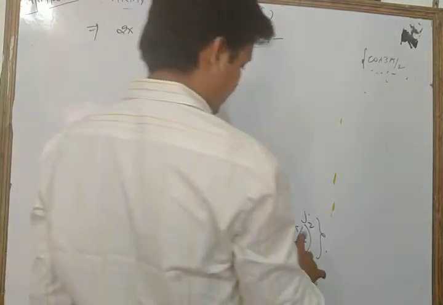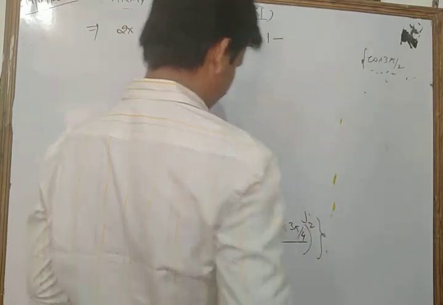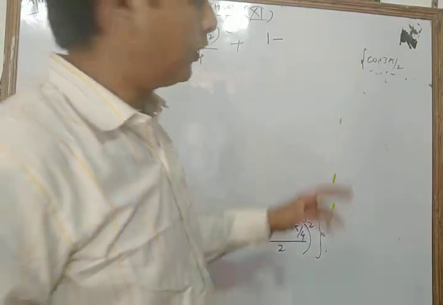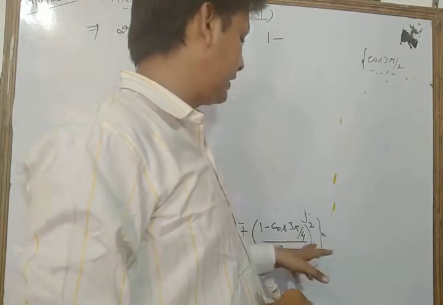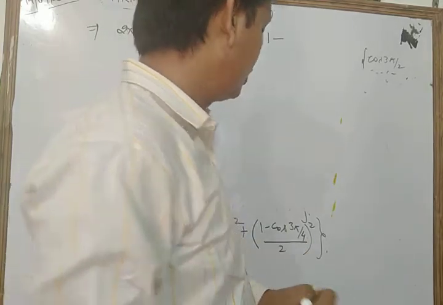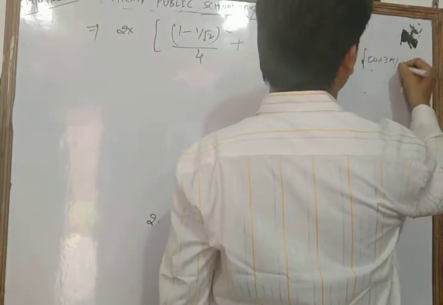Yes, 3 pi by 4 here. 2 into 3 pi by 8 means 2 into 4 is 8, so 3 pi by 4. So 3 pi by 4 means what?